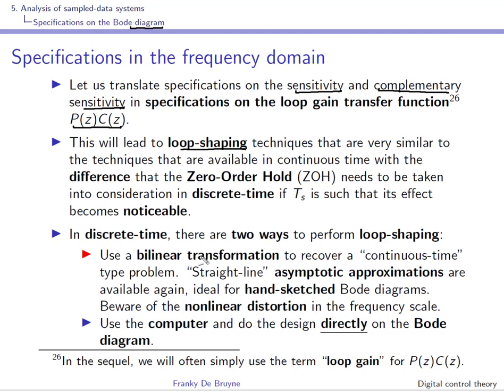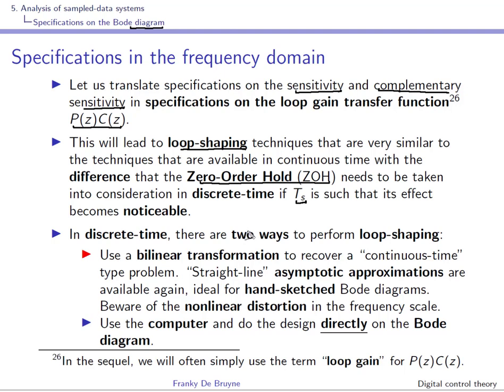The only major difference is that you have to take into account the zero order hold mechanism, because in discrete time, this zero order hold mechanism introduces roughly a delay of Ts over 2. If Ts is very small, then sometimes you can forget about the zero order hold mechanism, but in this course we are going to try to use a Ts that is as large as possible.